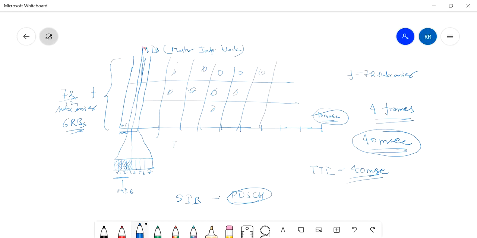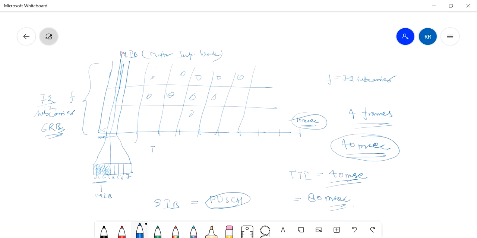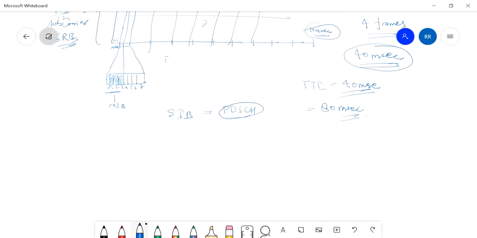PDSCH is the downlink shared channel, and the TTI for SIB is 80 milliseconds, so it takes around 8 frames. Why 80 milliseconds? Because the complete information of a SIB gets transferred in 8 frames.